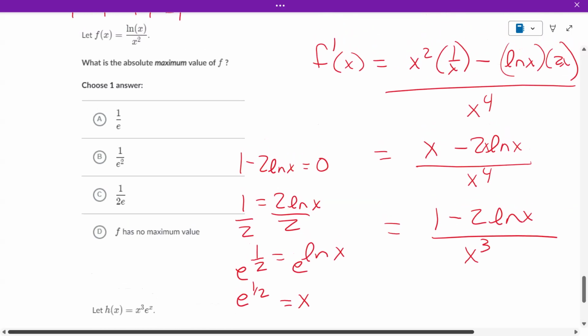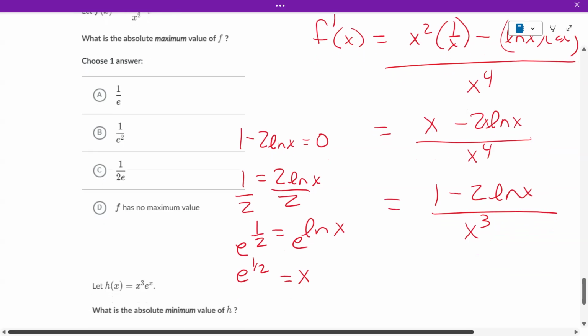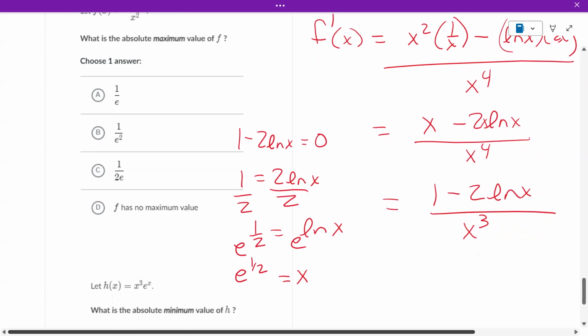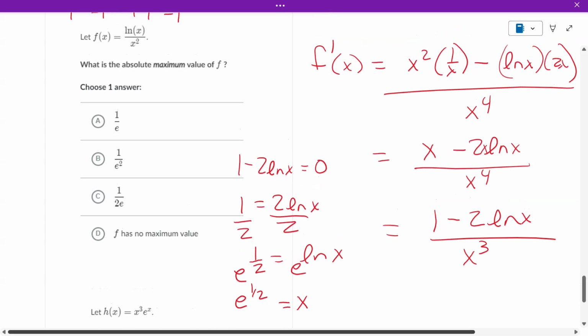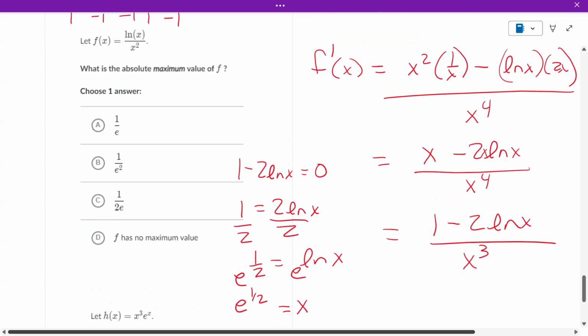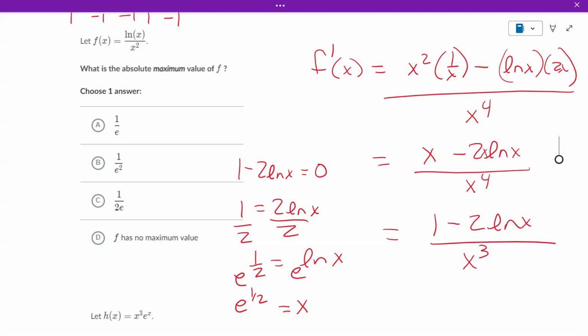No. All right, first derivative: x squared times 1 over x minus the ln of x times 2x, over x to the fourth. We factor out an x: 1 minus 2 ln of x over x to the third. Set it equal to 0, so just the top equals 0. Move, divide, e. So what does the graph of this look like?